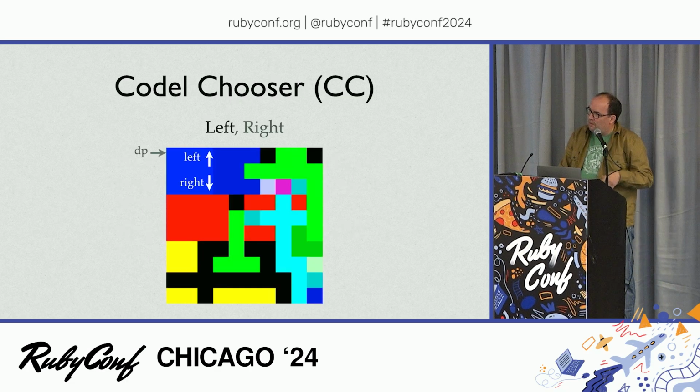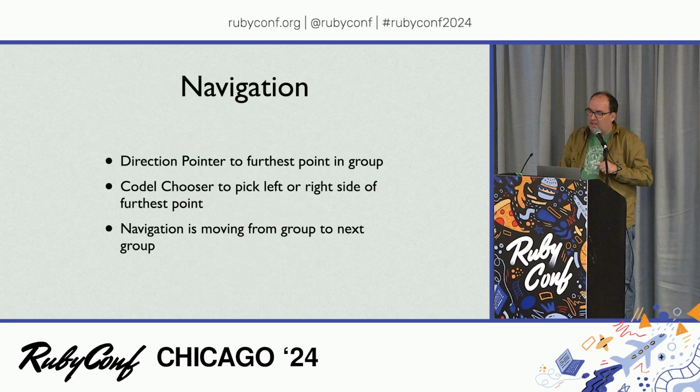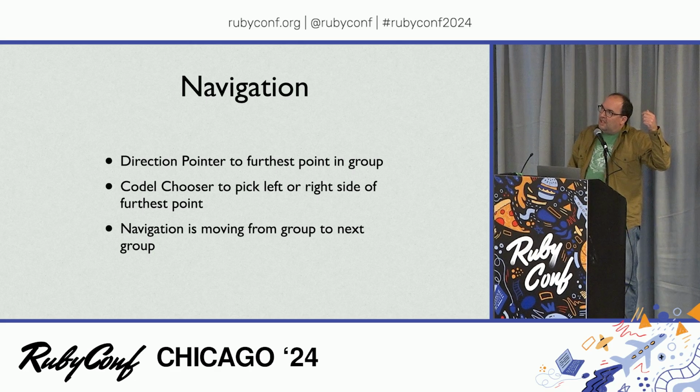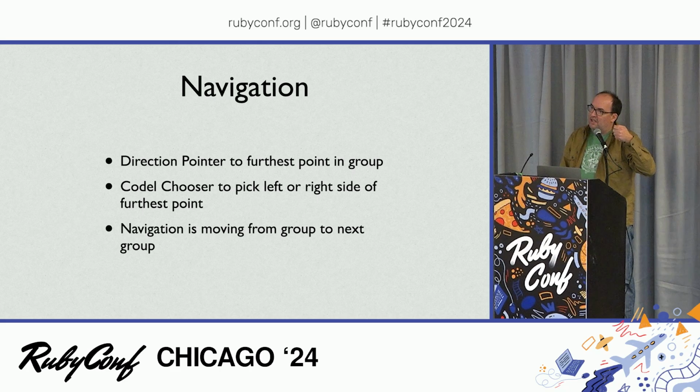There's another concept called a codal chooser, where it's either set to left or right. And so the navigation is the direction pointer will move through a group and try to enter the next group. And at the most extreme edge, the codal chooser will say, should I go at the left side or the right side of that edge?